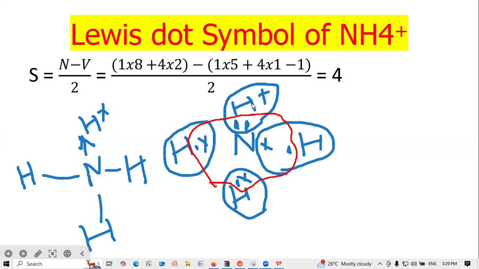So this hydrogen, H plus, has no electrons. So this hydrogen has taken 2 electrons from this nitrogen to complete its duplet. But in case of the other 3 hydrogens, each has 1 electron, and every one of these 3 hydrogens has taken 1 electron from nitrogen. That's why these 3 hydrogens have the covalent bond, but this hydrogen has the coordinate covalent bond.